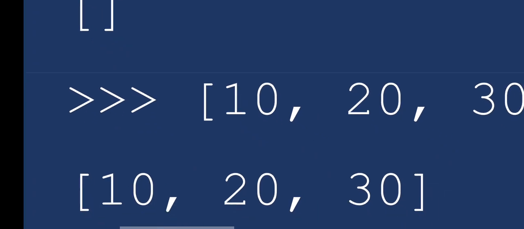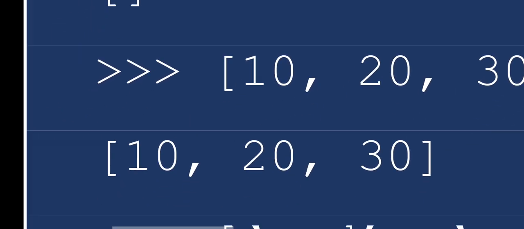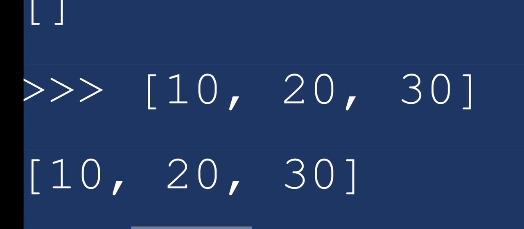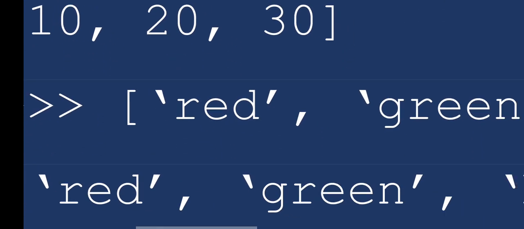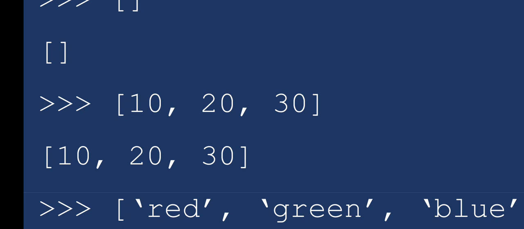And look at example 2. What we have is a list containing 3 elements and all are numbers. It's a list of 10, 20, 30. And this is the output. You don't expect the output to be changed because we are not performing any operation on the list.